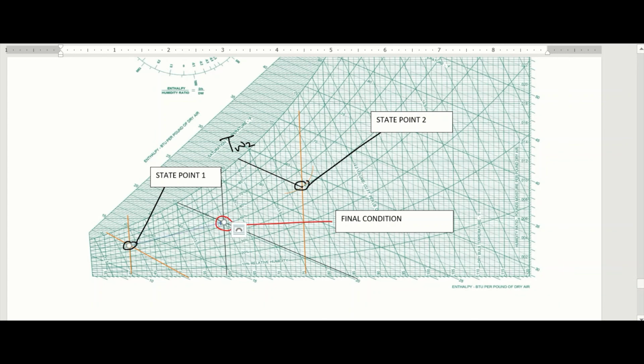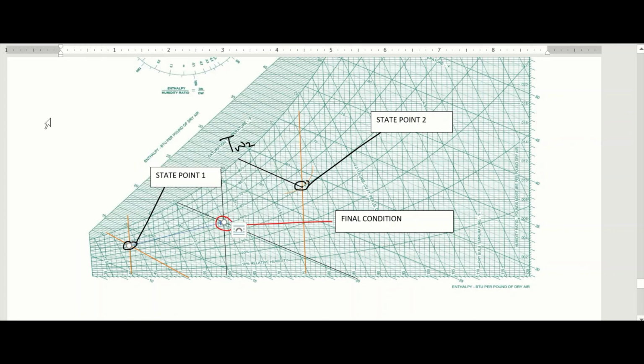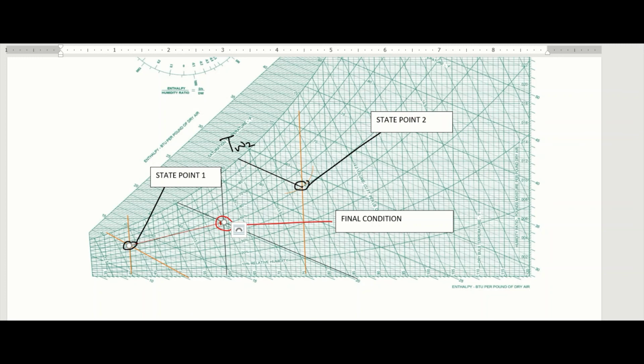Let me use a different marker. While state 2 also meets at this point. So this is what we call adiabatic mixture of two air streams. This is our final answer to this question.